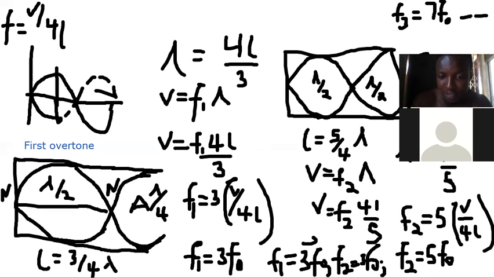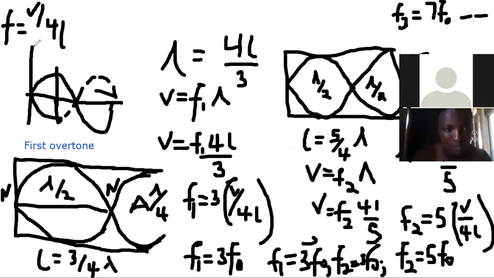The first is 3 times F naught, then F2 will be 5 times F naught, F3 will be 7 times, and so on. The first harmonic is the fundamental note.